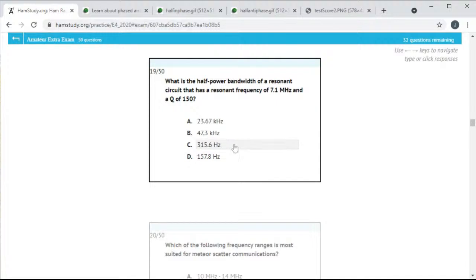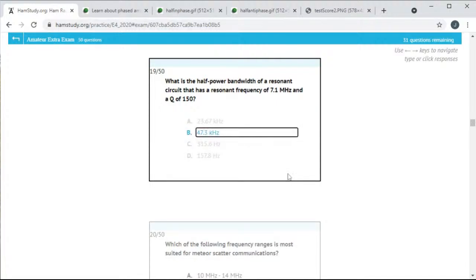There's a formula for it, and I read it last time because I got this one wrong.